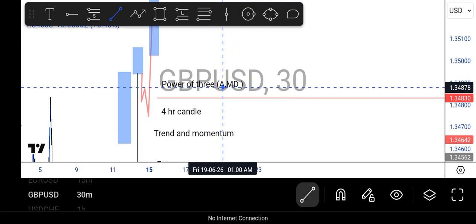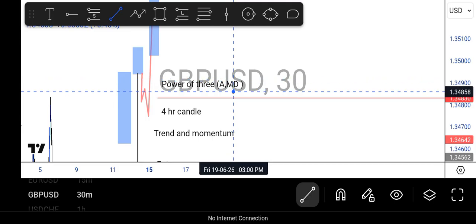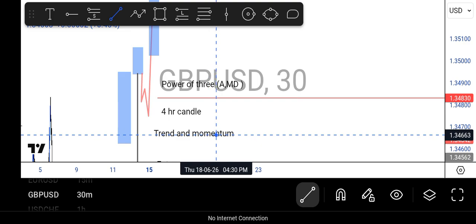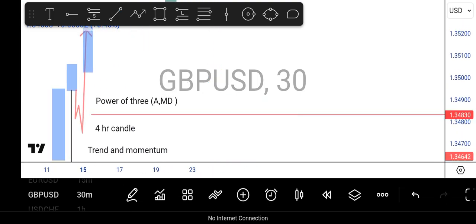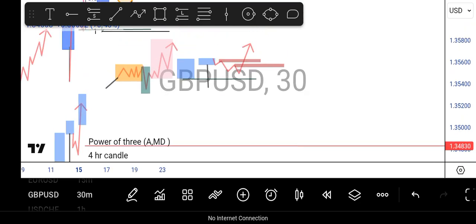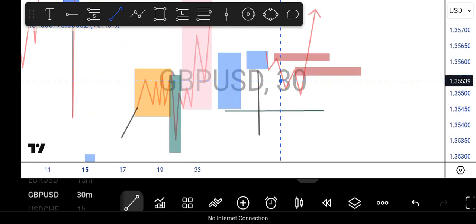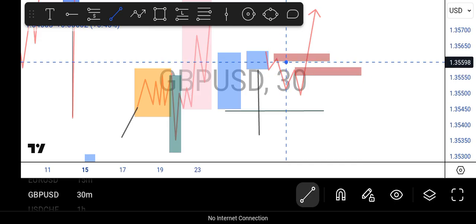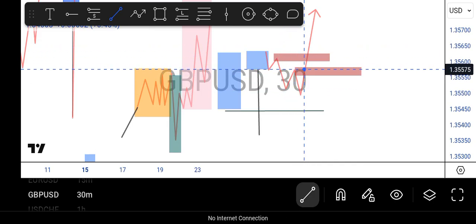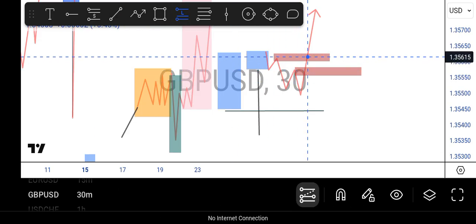If we don't have accumulation and manipulation, we don't enter, because what we want to capture is distribution. And when you look at this trend and momentum, what has happened already here? The price has just broken. So I mark the first one. If the first one is broken, I enter. If the second one is broken, I enter. All I have to do is just wait, and that is where you can take a position.